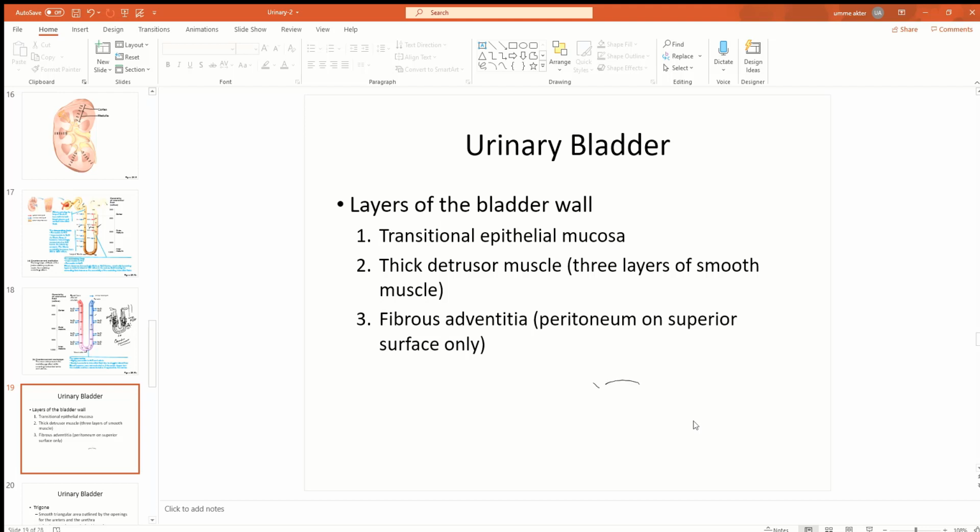The ureters enter like this, come from the kidneys and bring the urine into the bladder. Okay. So this is the bladder, and urine gets in, and here you have the urethra.